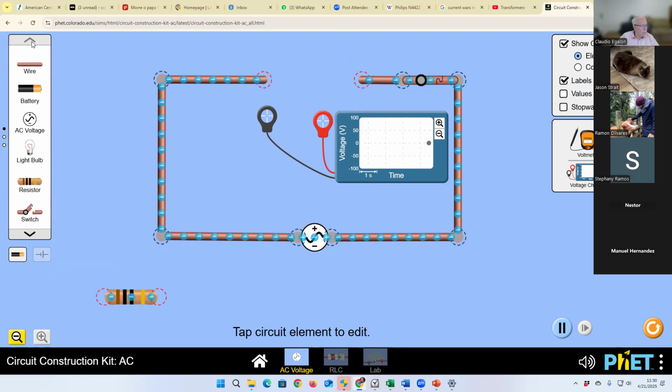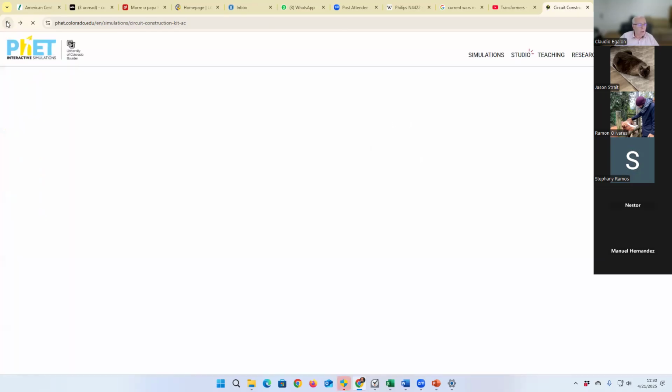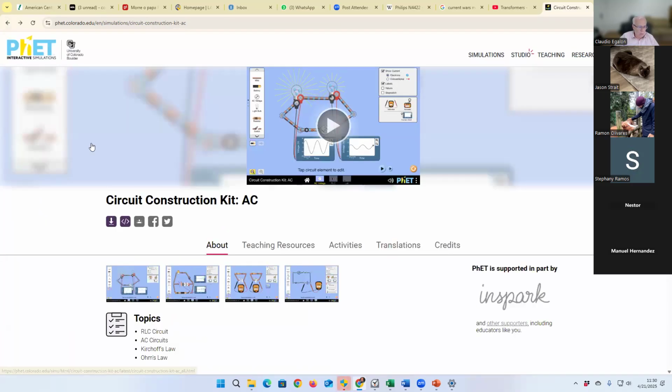Do we have a capacitor here? Oh, this doesn't look like we have a capacitor, unfortunately. Battery voltage. Yeah, we don't have a capacitor. Let's see if you have one in another simulation.